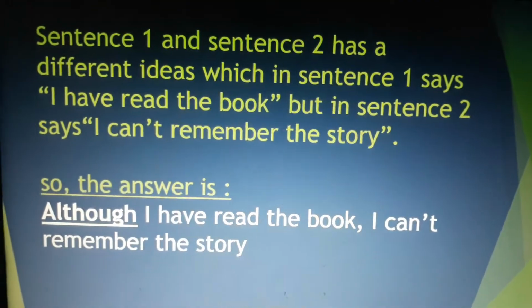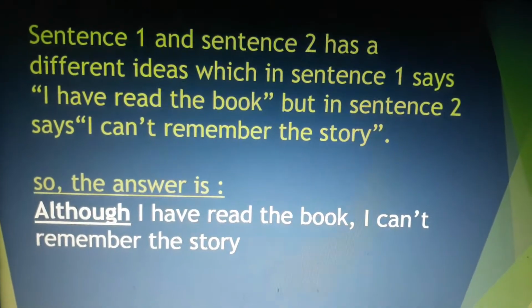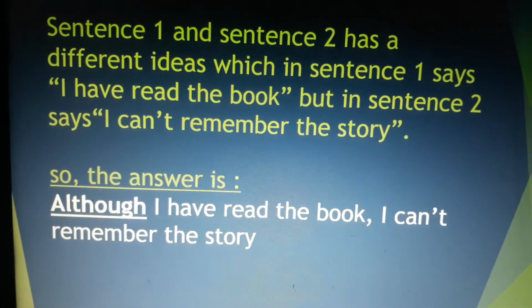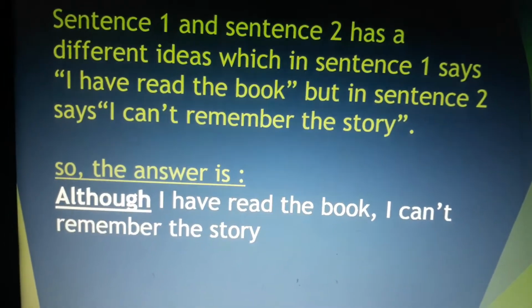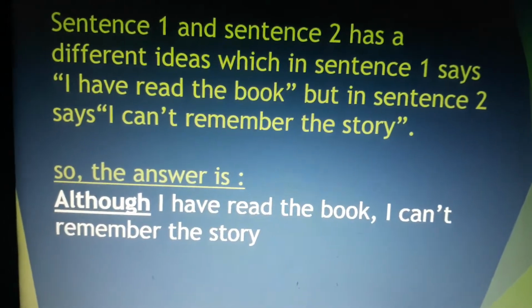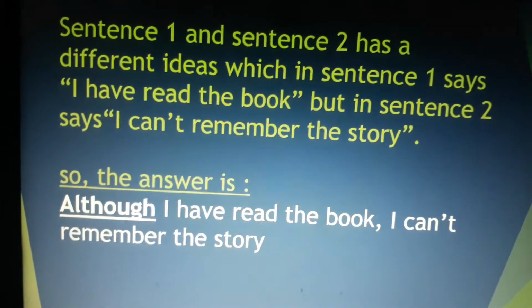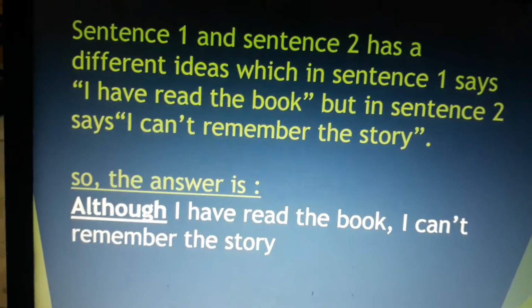Sentence number 1 and sentence number 2 have different ideas. Sentence 1 says, I have read the book. Actually, if we read the book, we must know the content of the book. But sentence number 2 says, I cannot remember the story. Can you see the sentence number 2 contrasts with the idea in sentence number 1?